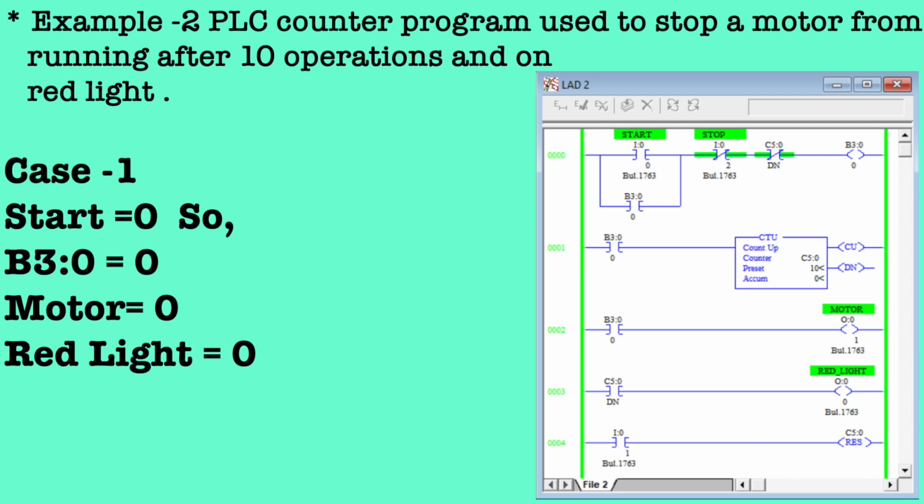That's why the output connected to the counter done bit is also 0, that is, the red pilot light is also 0. At the same time, the motor is also connected to the binary bit, so the motor is also 0. So in the initial case, all the outputs are in the 0 state, right?